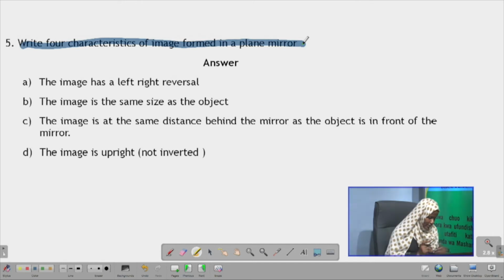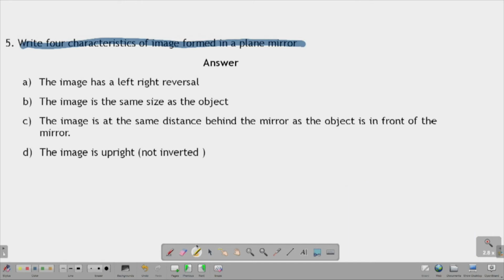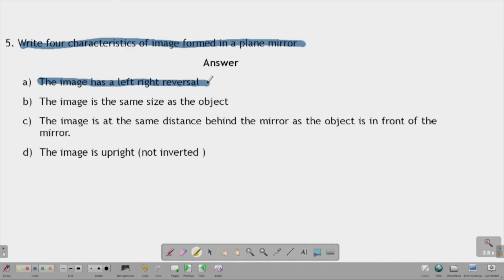Let's see. The first characteristic is the image has a left-right reversal. This means that your left, in the image, is going to be your right, and your right is going to be your left. They are reversed. It can be yourself, it can be letters that are reversed. Example, let's look at this word.